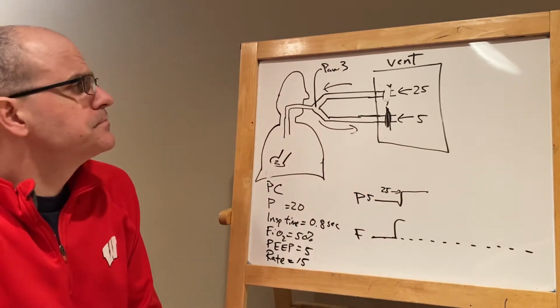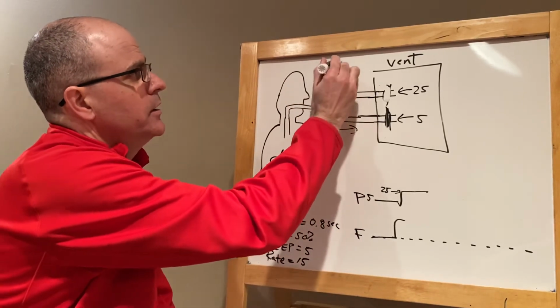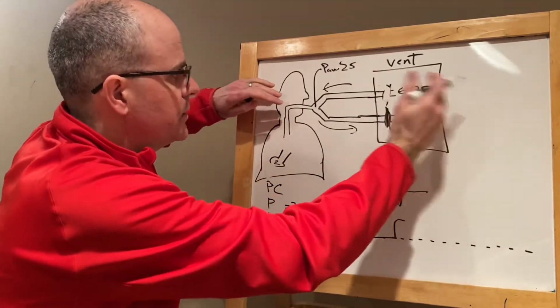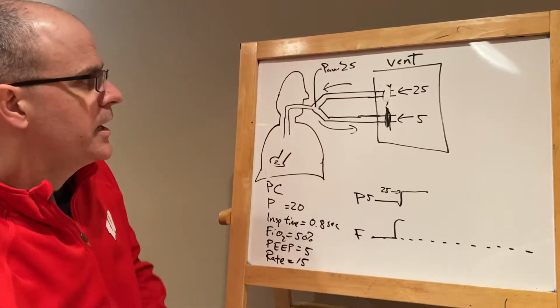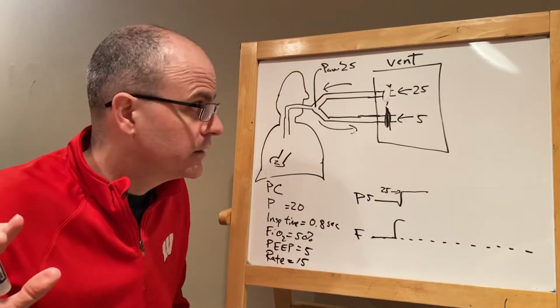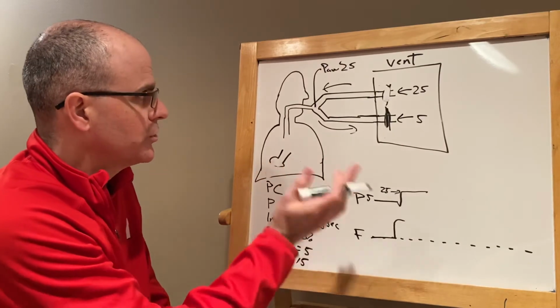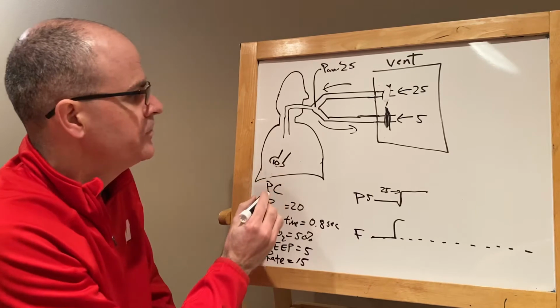And again, if we're measuring pressure here at the Y, what the ventilator is going to try to do is, even as things change, maintain enough pressure to keep the pressure here at 25. As air gets pushed in, as the inspiration goes on, alveolar pressure is going to rise. Maybe this will get up to something like 10.